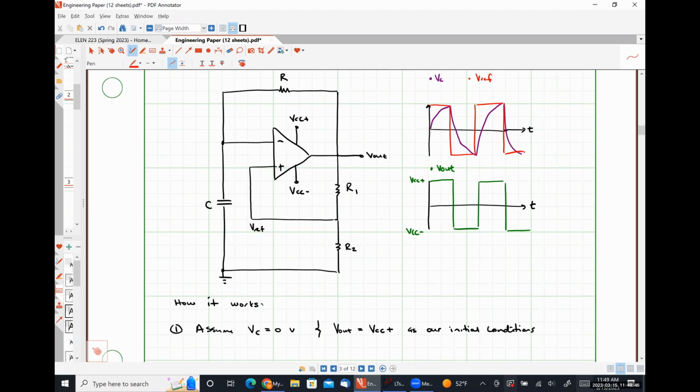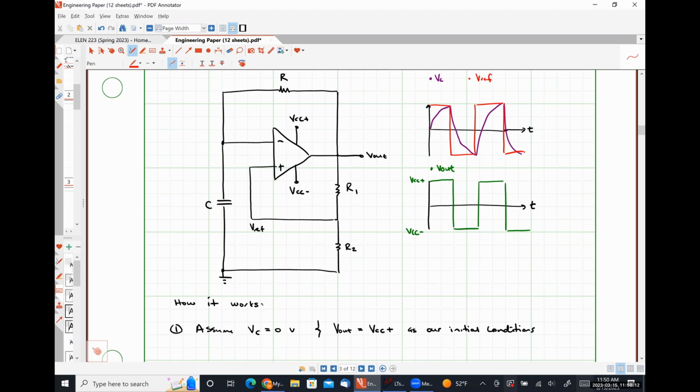This voltage is fixed at some positive number. This number is increasing from 0, getting larger and larger. As soon as the capacitor charges enough to have a voltage that is even slightly higher than this positive V reference, our output changes state.